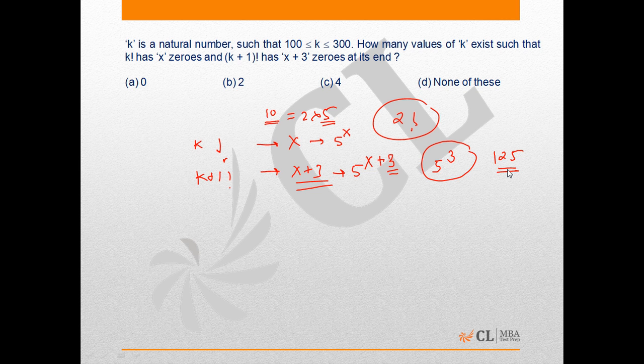We also know that factorial k is equal to 1 into 2 into 3 into 4 and so on up to k, and if it is k plus 1, then it will become 1 into 2 into 3 and so on, k into k plus 1.